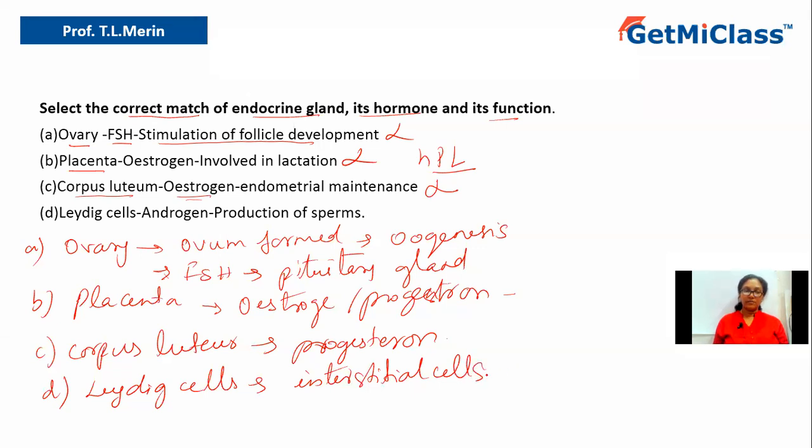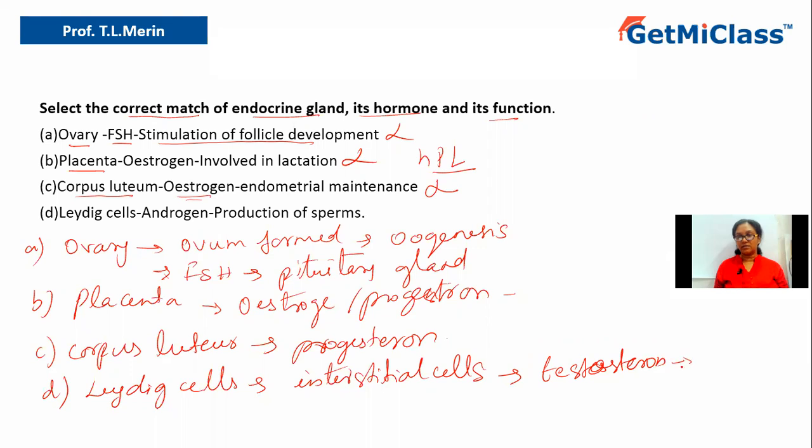They produce the male hormone, a type of androgen called testosterone. This testosterone further stimulates the production of sperms. So option D is the correct answer. That is the correct matching of endocrine gland, the hormone it produces, and its function.